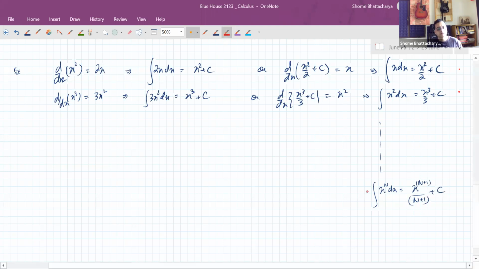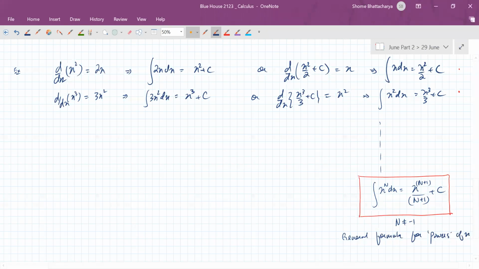So this now becomes our general formula, but here n can take any real value other than minus 1. n should not be equal to minus 1. Okay. So this is the general formula for powers of x, other than x power being minus 1.